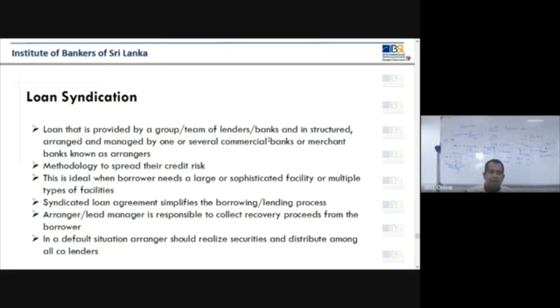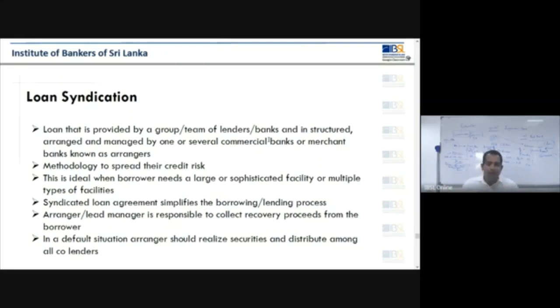If I can't recover everything, if I recover only 50% of the monthly rental, whatever money is received will be distributed based on the investment by the different banks. If this loan goes bad, that hit is also distributed based on the amount we invested, right?